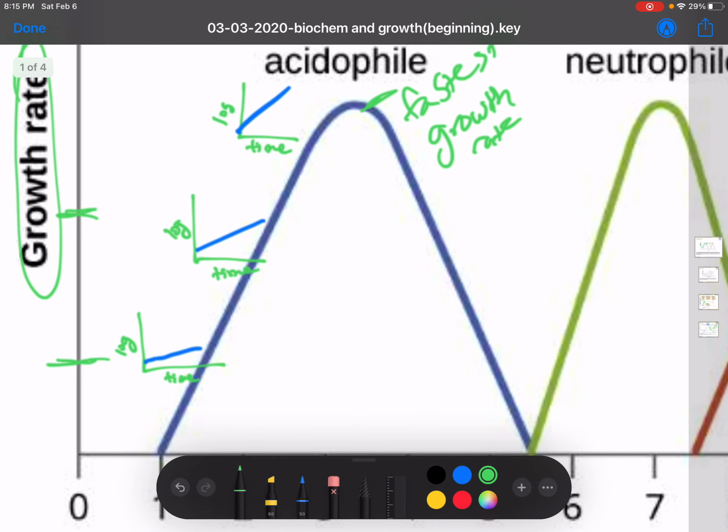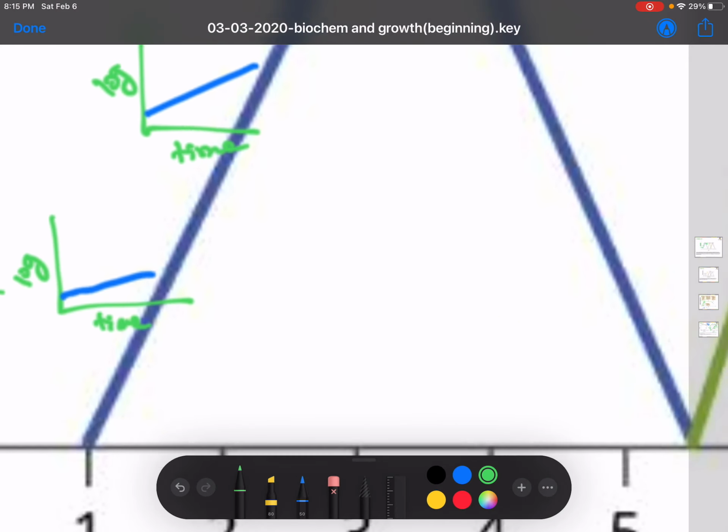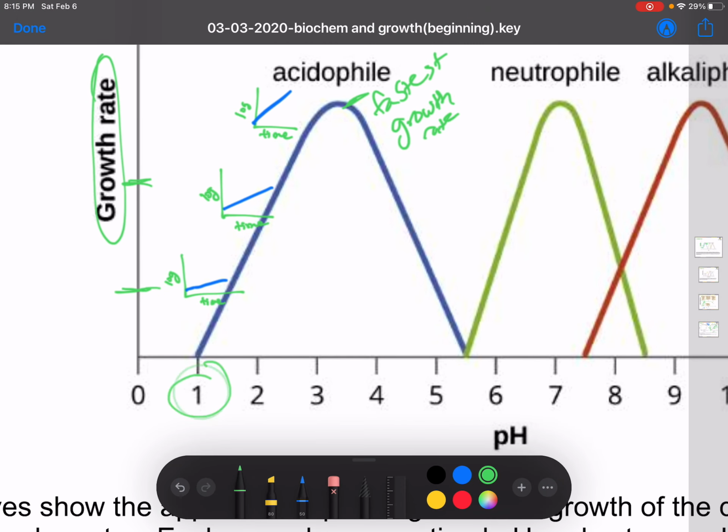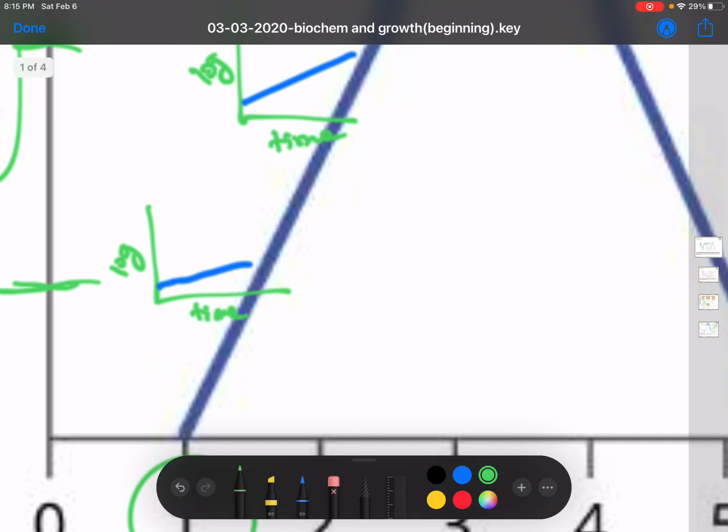on this particular curve, on this blue curve. And so what they're showing here is that at a pH of 1, the log phase is going to look like this. So the slope of the line is such that it's not very vertical. It's almost horizontal.